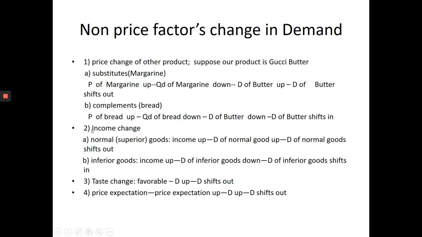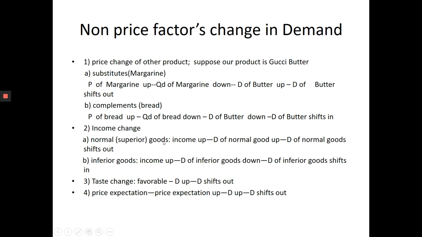The other non-price factor is income change. There are two types of product. One, normal good, or you can say superior good, compared to inferior good. Usually, a normal good has good quality, therefore more expensive, compared to an inferior product, which is poor quality, cheaper goods.